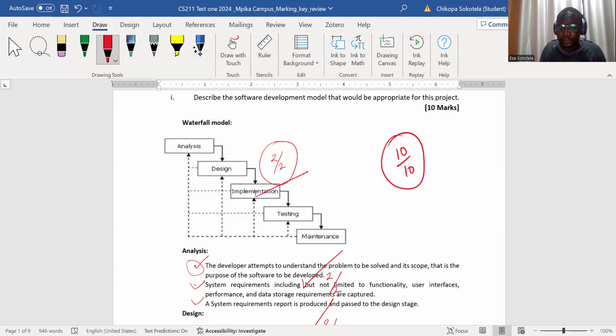So a lot of you, what you did was you listed, you did a bullet point, or you attempted what looked like prose, but when one read that, it was actually a list.